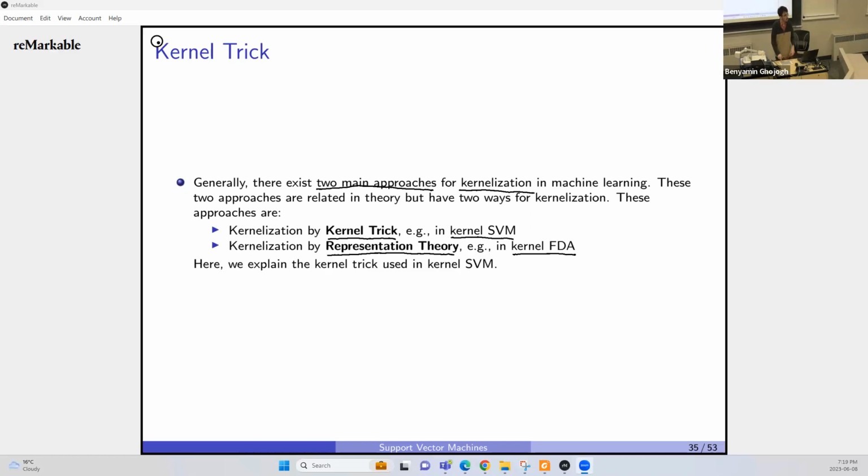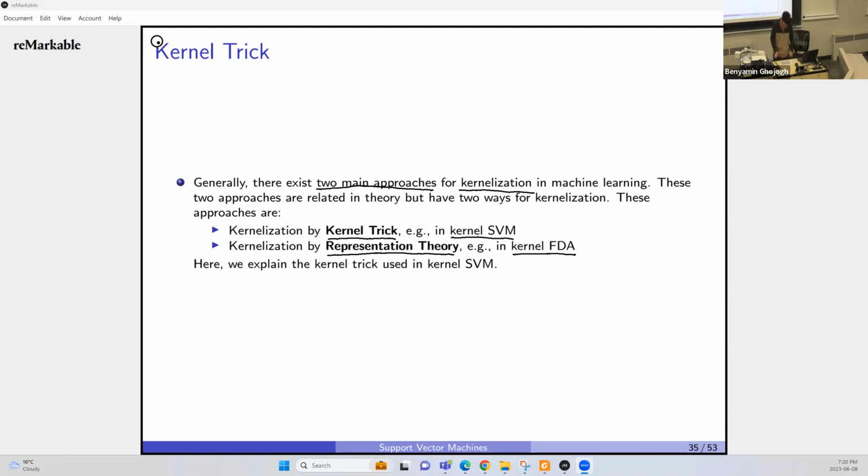By the way, I have a tutorial paper on kernelization in machine learning. I think I have referenced that in this slide deck. It's huge, and it goes in depth into even the mathematics of kernels. So I'm not going to cover that because it would be overwhelming.